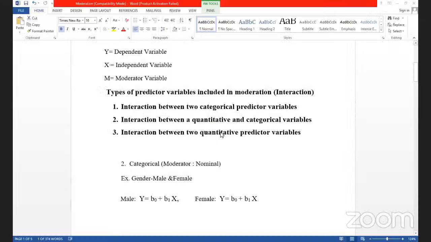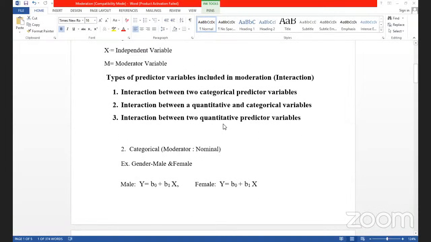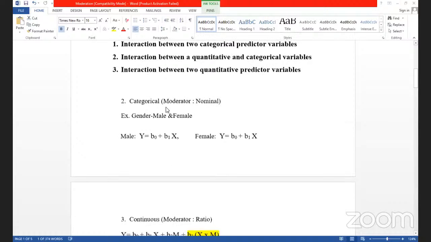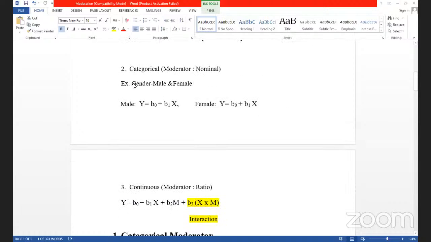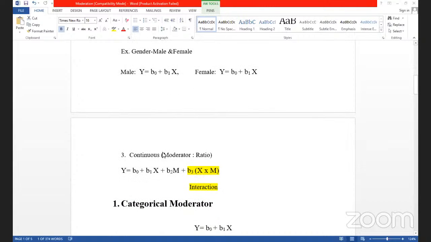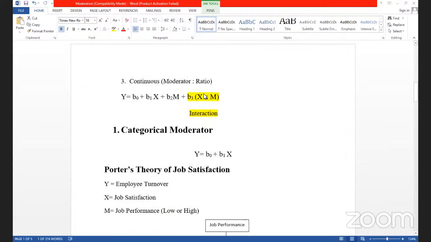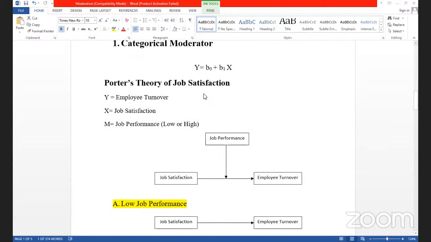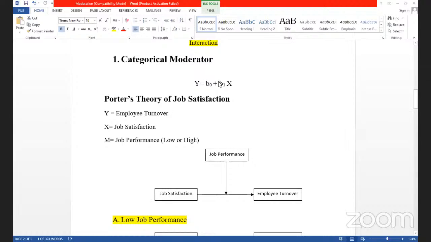Now the second case study I'm taking has a categorical variable, gender, male and female, with a simple regression equation for male and a simple regression equation for female. This is the categorical moderation.